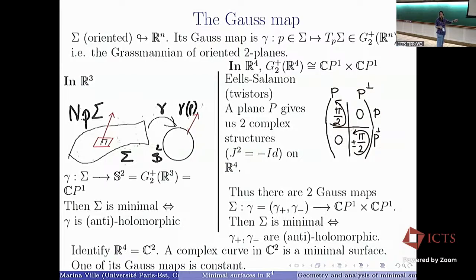That's how you characterize complex curves in R4. When you do minimal surfaces in R3, you have the planes, which are not interesting objects. In R4, these are the complex curves. They're there, but they're the non-interesting objects.